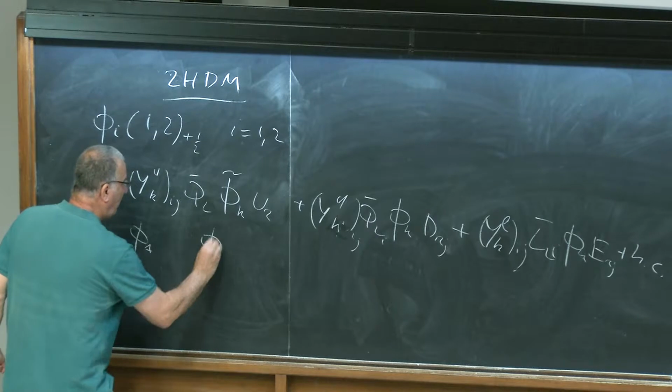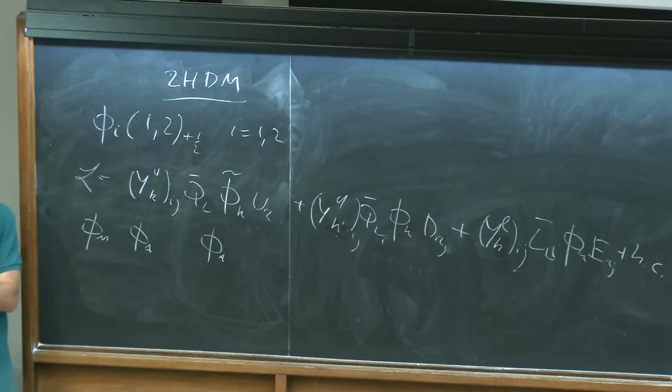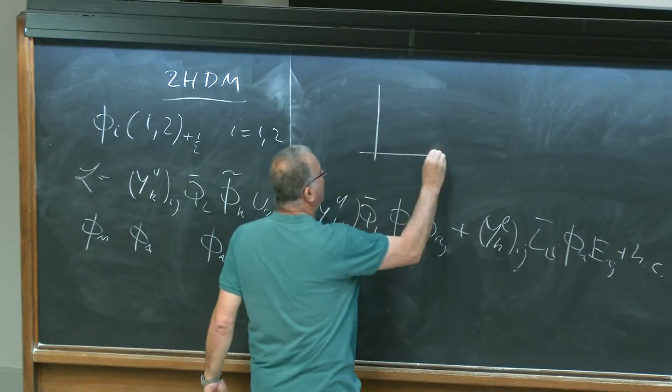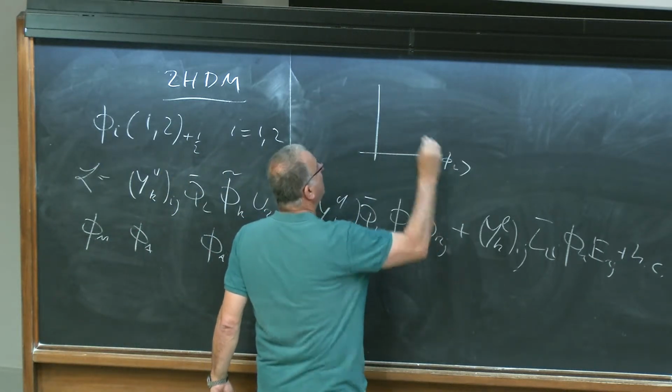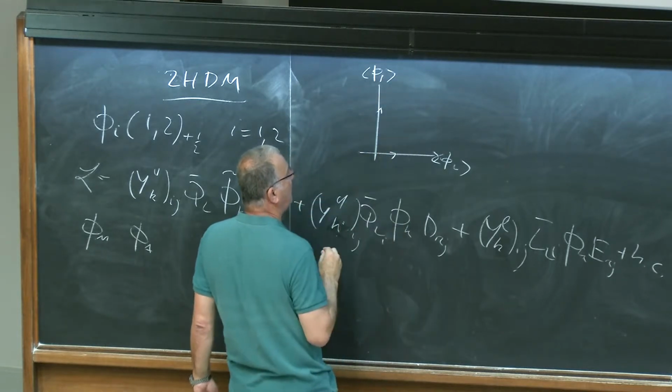In general, both phi 1 and phi 2 carry a vacuum expectation value, okay? So I can look at the plane of the two vacuum expectation values. They define a direction of the common vacuum expectation value. So let's say this is phi 1, phi 2, and here I have a vev, and here I have a vev.